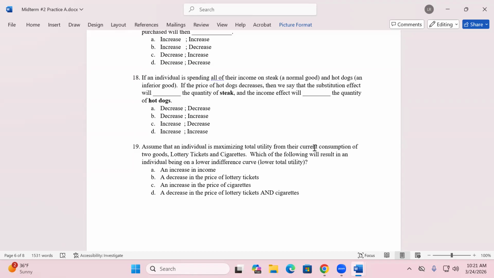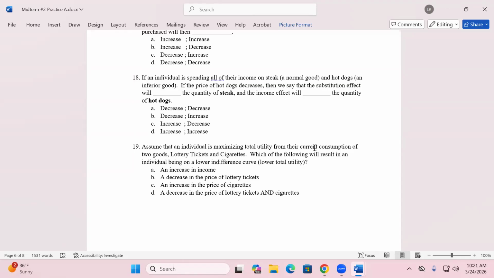No, because if I change my spending habits, I can get to a higher indifference curve, right? So we don't really worry about these other indifference curves. We just worry about what's the highest indifference curve we can get to given our budget constraint. Okay?